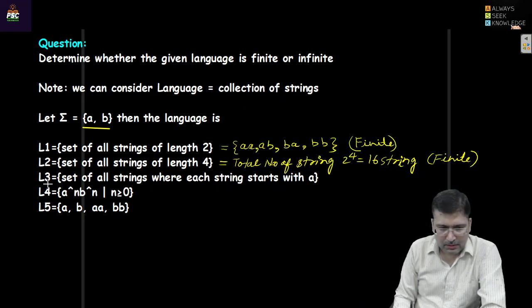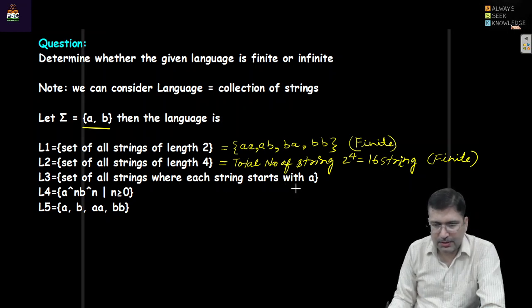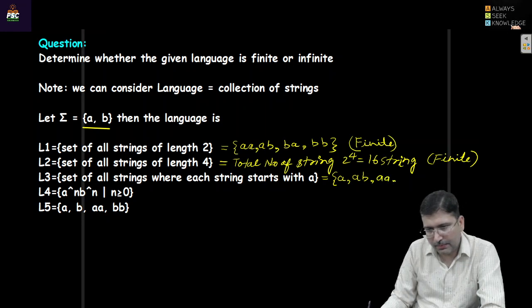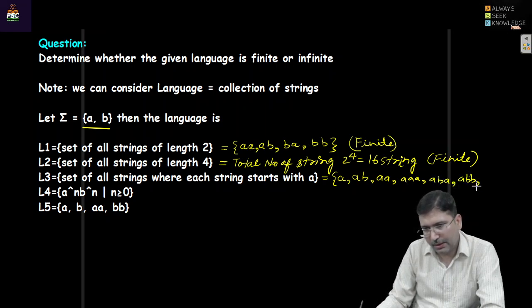Now let's talk about L3, the set of all strings where each string starts with A. If you try to define the set of this language, maybe we can start with A, or AB, or AA, or AAA, or ABA, or ABB, or any length string.